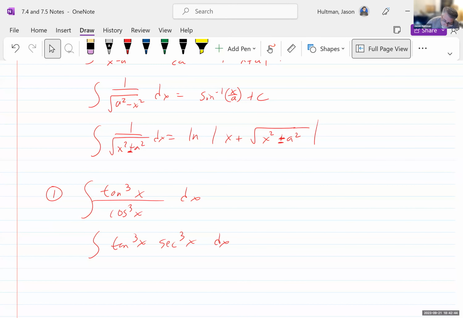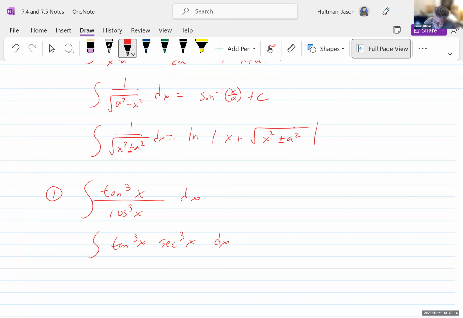And so when we have odd values of tangents and secants, we can break off a tangent secant to get everything in terms of secants.